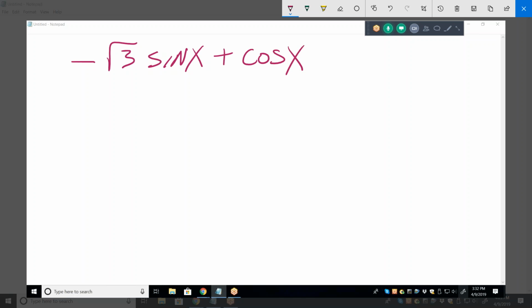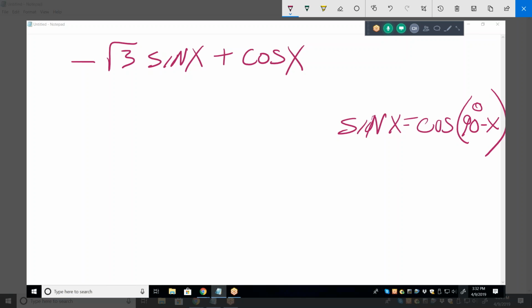Okay. Well, the key identity between sine and cosine, if they're not squared, is this one. It's the cofunction identity. And it applies to sine and its cofunction cosine.